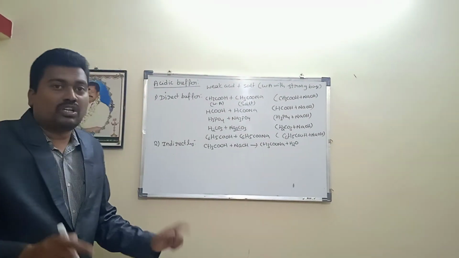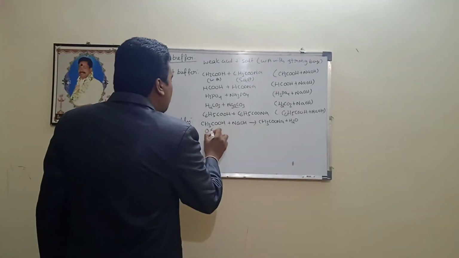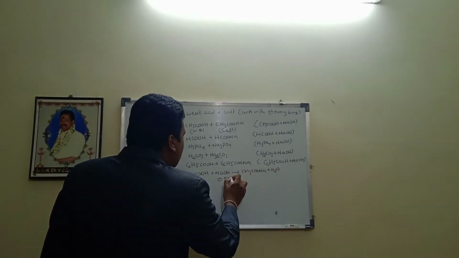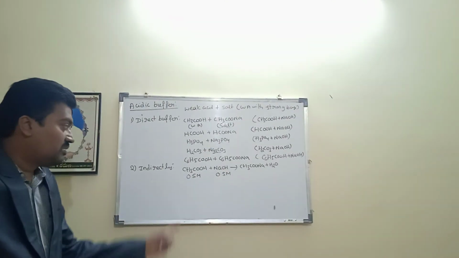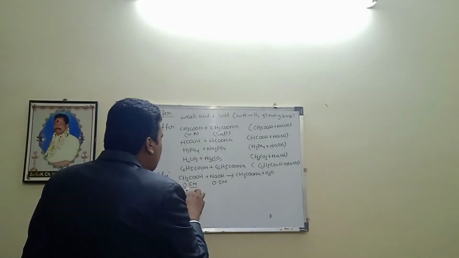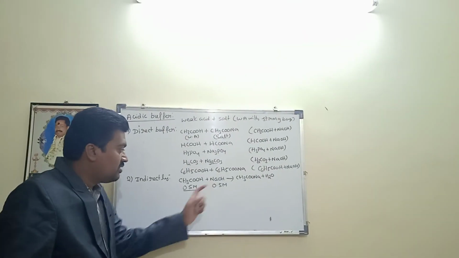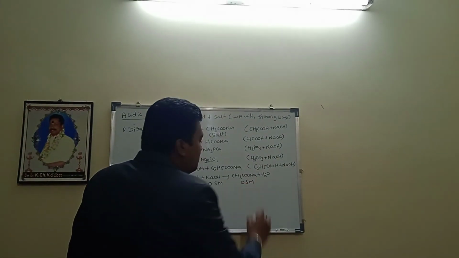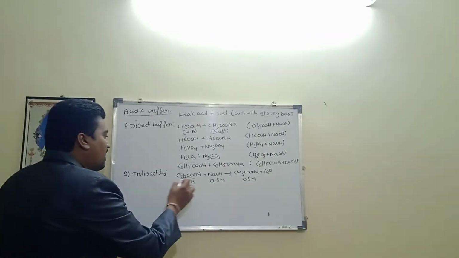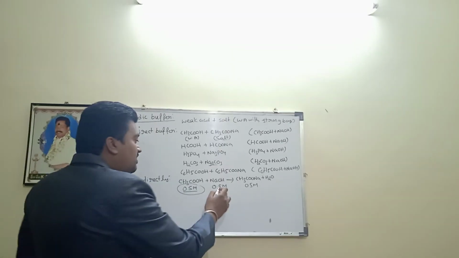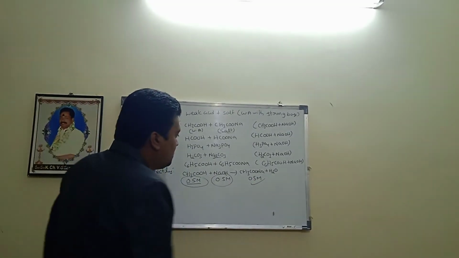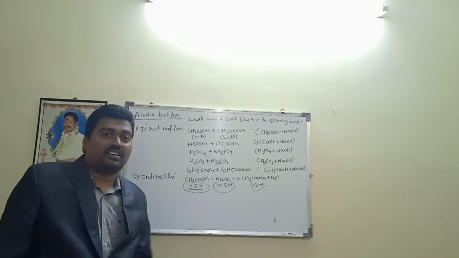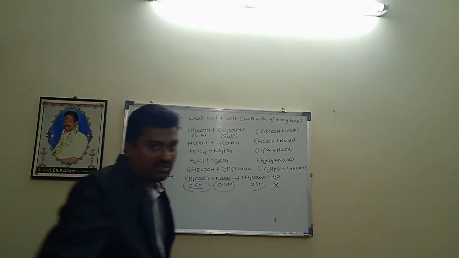If I take equimolar proportion, let us suppose 0.5 molar CH3COOH and 0.5 molar NaOH, then what happens? This 0.5 molar CH3COOH combines with 0.5 molar NaOH to form 0.5 molar CH3COONa. So acid is completely consumed and base is completely consumed. You will get only the product, CH3COONa. That means the resulting solution has only acetate ion, so it does not form a buffer solution.